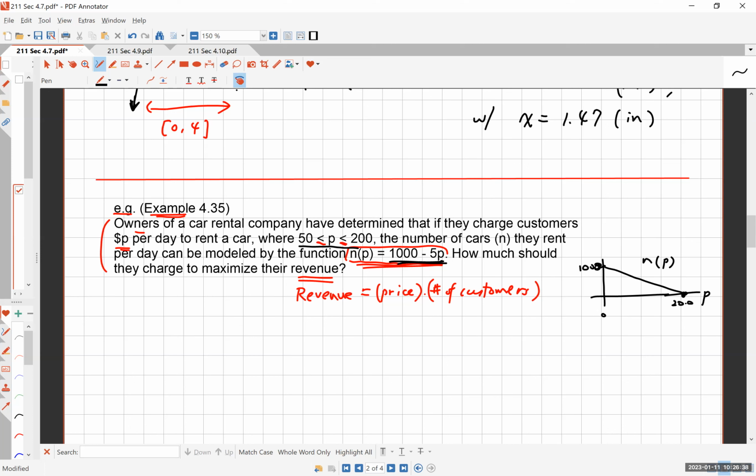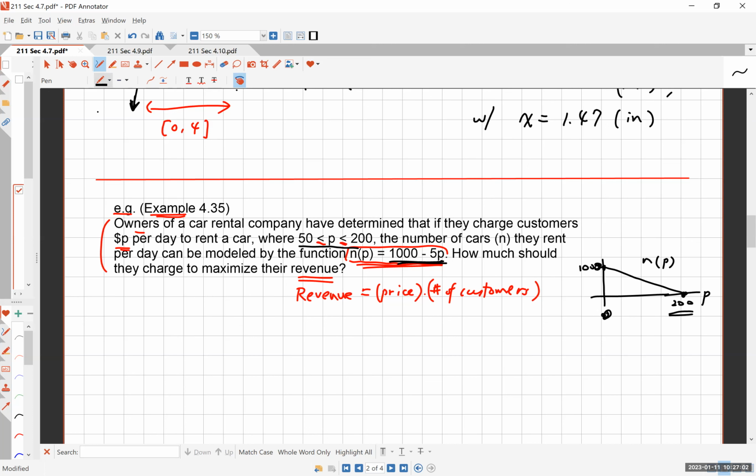Of course, you could charge $200 per day per car, but if you do that, nobody's going to rent it, so the revenue will be 0. And by the way, if the price is 0, 1,000 cars can be rented at the price of 0, the revenue, of course, will still be 0, right? And so this is, again, called the demand curve.